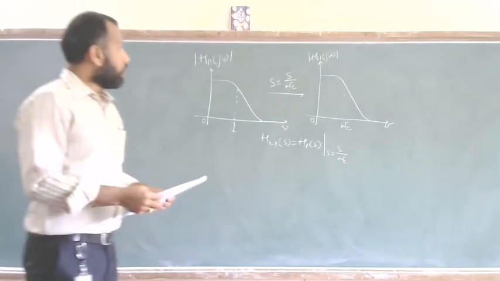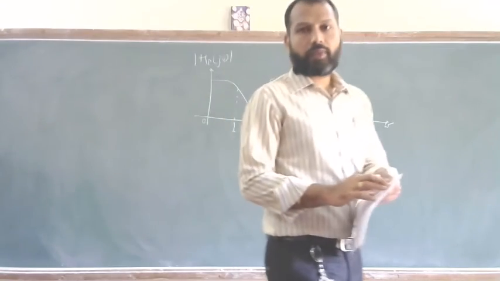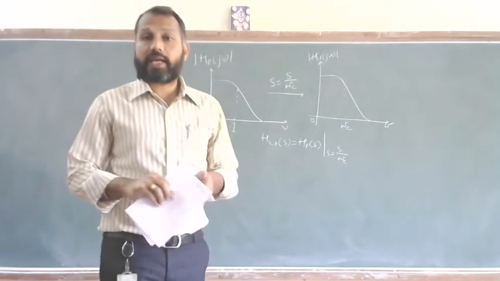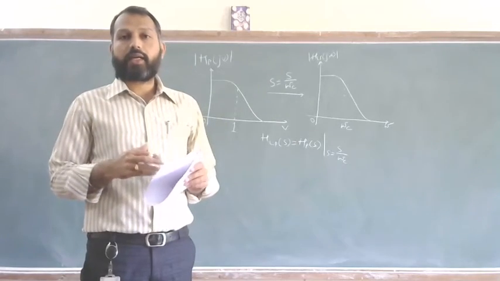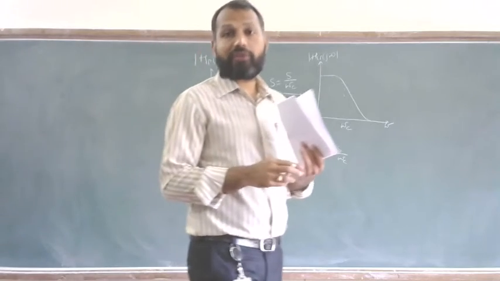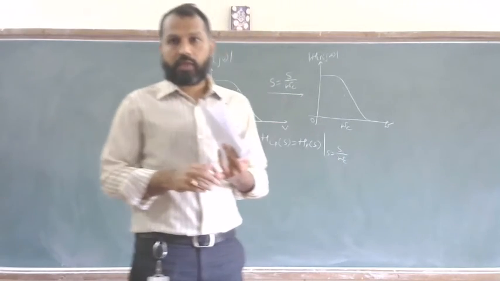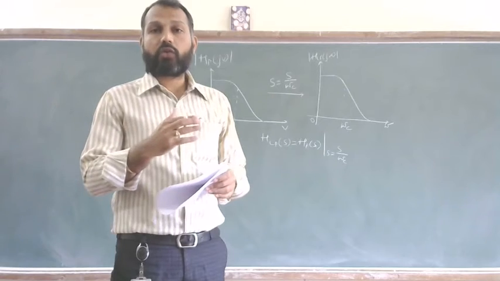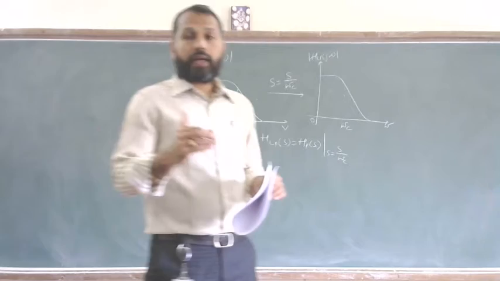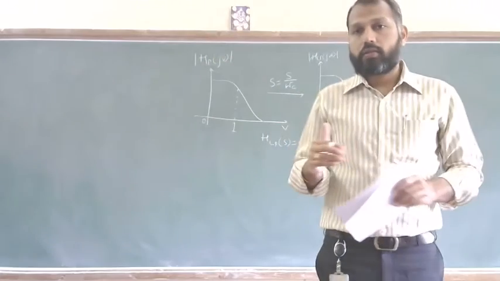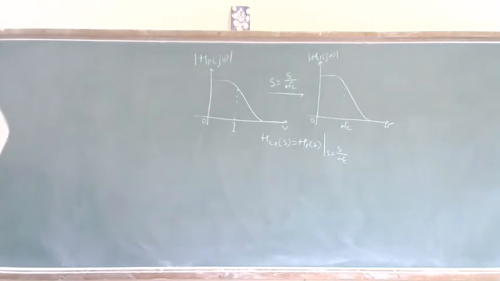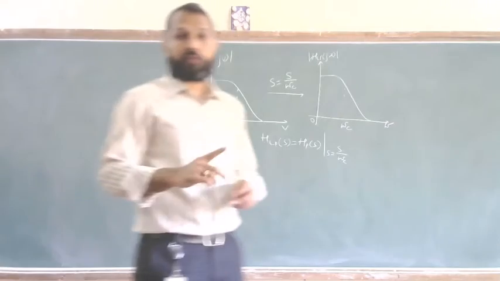In the first half today, we understood the bilinear transformation design procedure, the steps involved in designing a digital infinite impulse response filter. Sorry, it was the other way around.